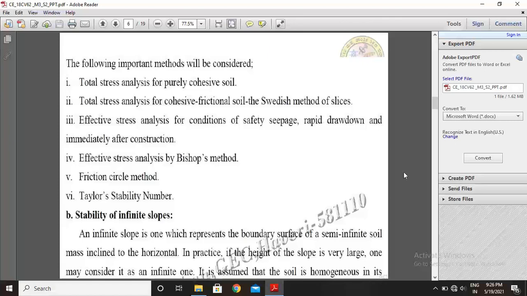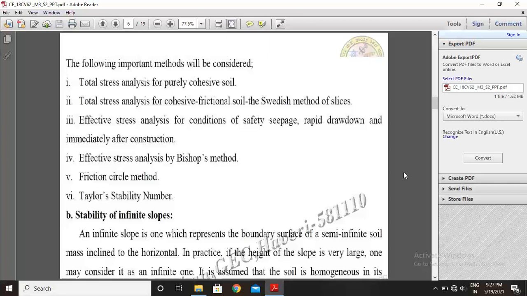And the third one is effective stress analysis for conditions of steady seepage, rapid drawdown, and immediately after construction. Effective stress analysis by Bishop's method. Next one is the friction circle method and the Taylor stability method. So these are the 6 important methods to calculate stability of slope.